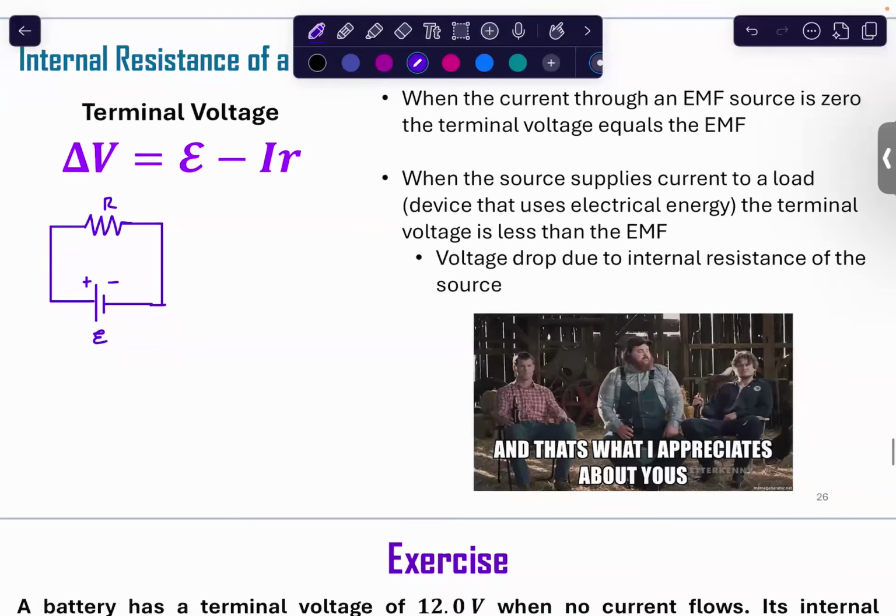However, keep in mind, sometimes we're going to have to calculate the internal resistance of a battery. So we can draw two different connection points for the battery.